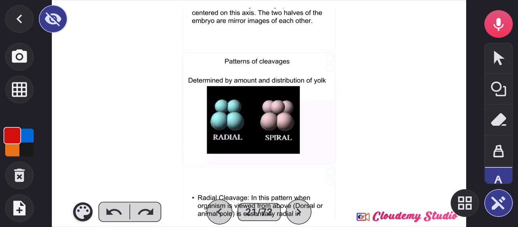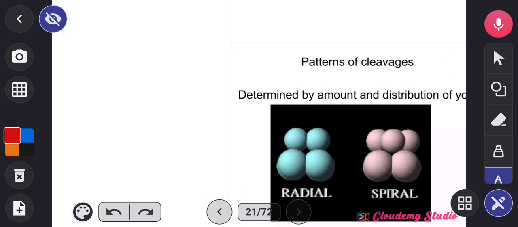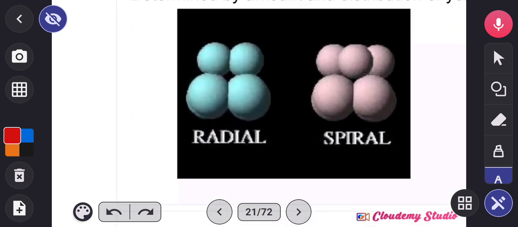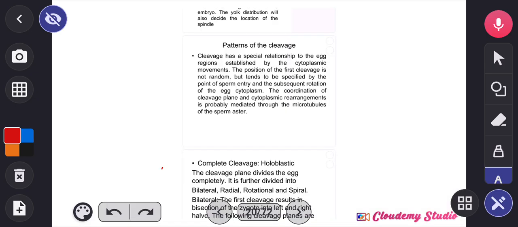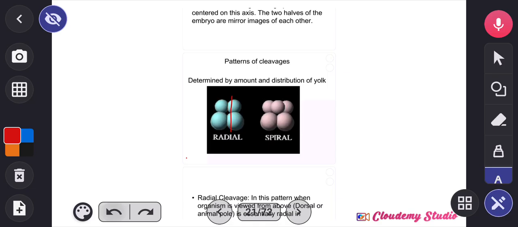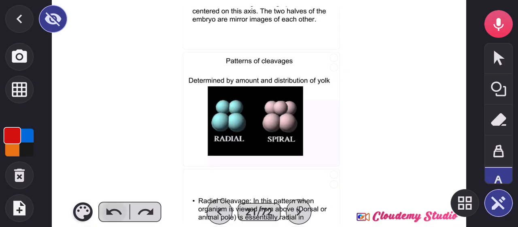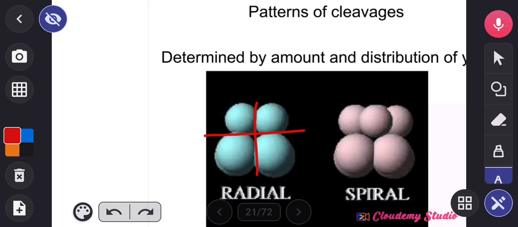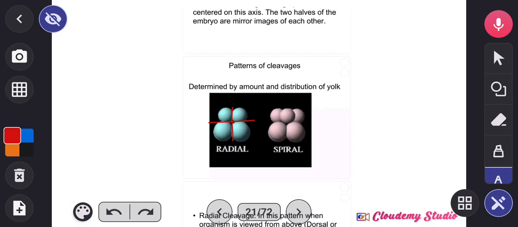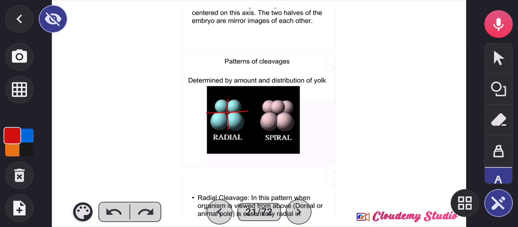Now we can see the radial cleavage around this place. Firstly, it divides around the meridional plane, then secondly around the equatorial plane. You understand? So this is what we refer to as the radial cleavage.